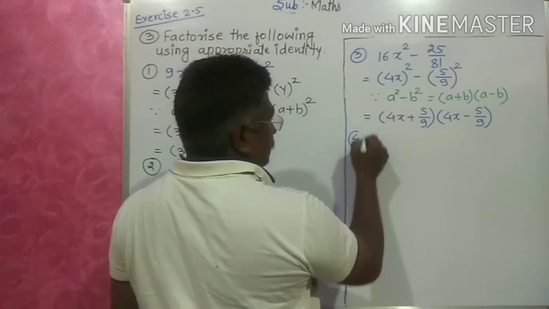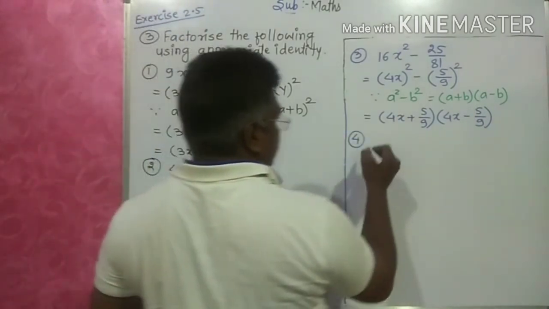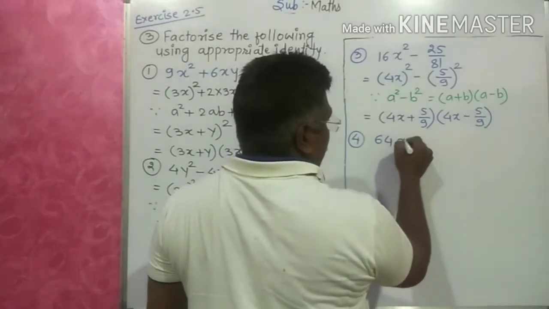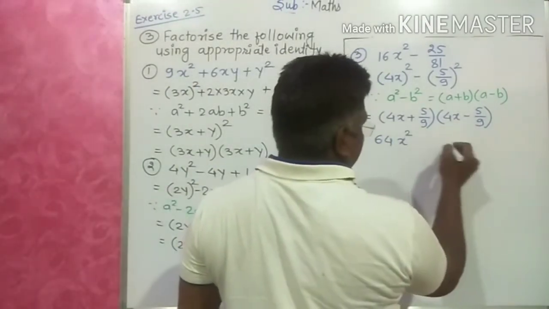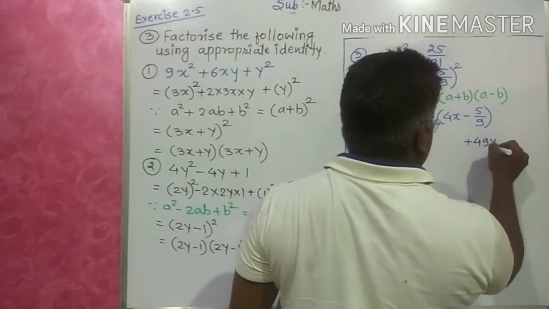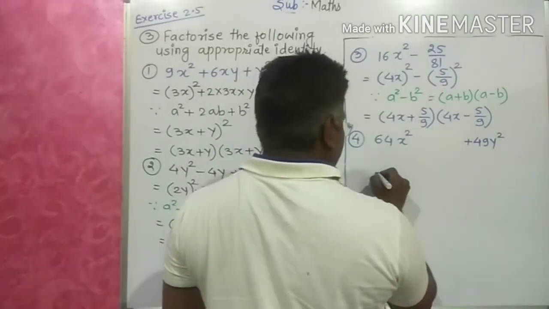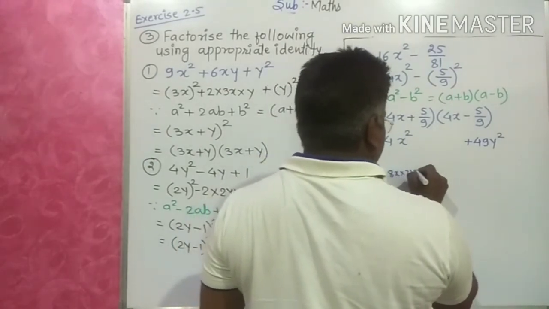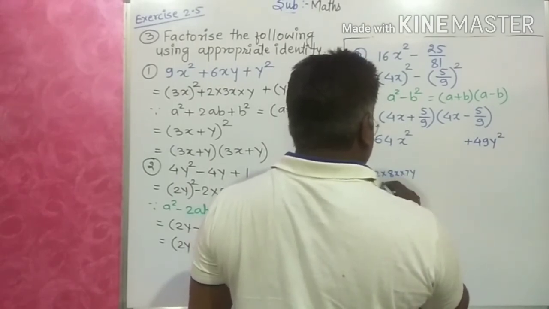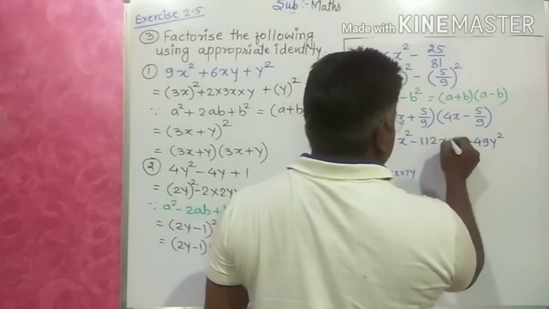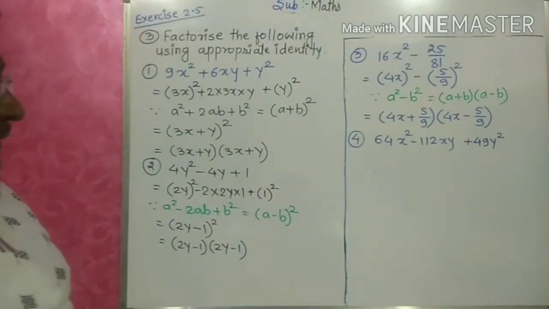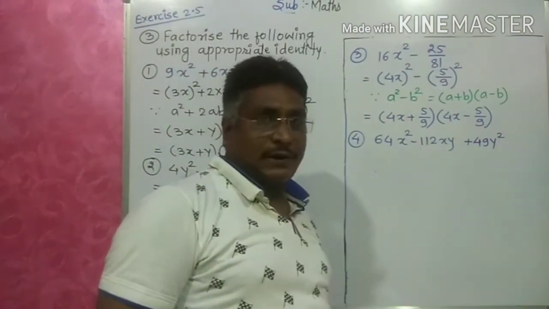Now the fourth: 64x square minus 112xy plus 49y square.